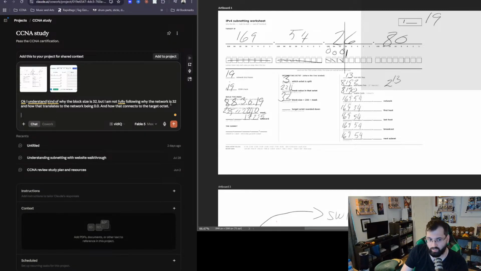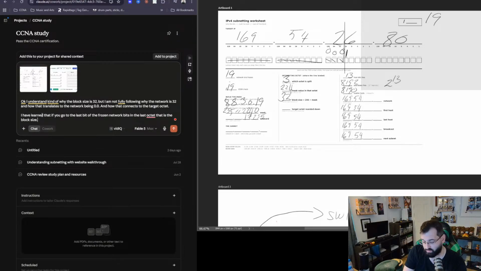Okay, let's give it some more context. That way it gives me a little bit better of an answer. I have learned that if you go to the last bit of the frozen network bits in the last octet, that is the block size. So is that the size of the network?